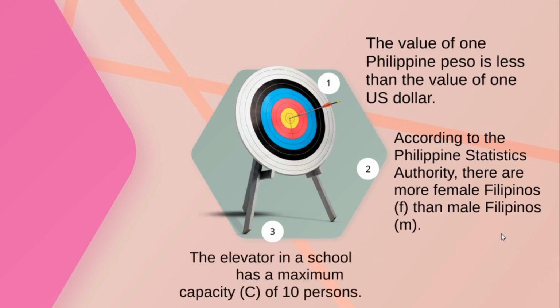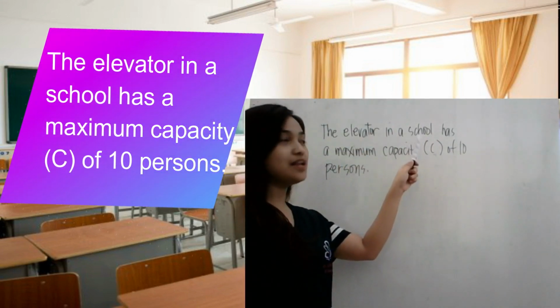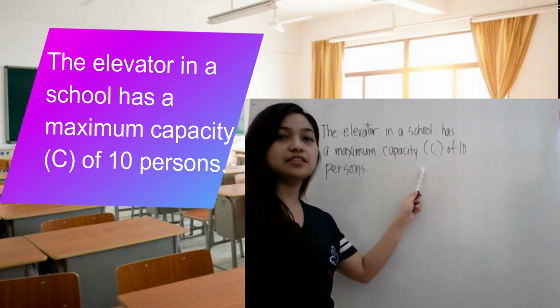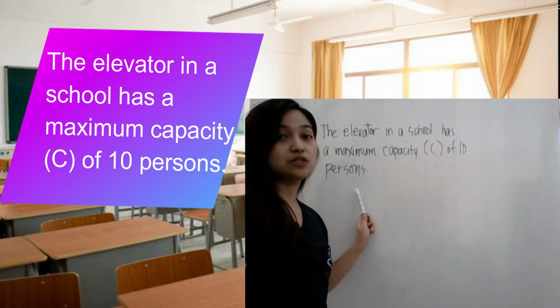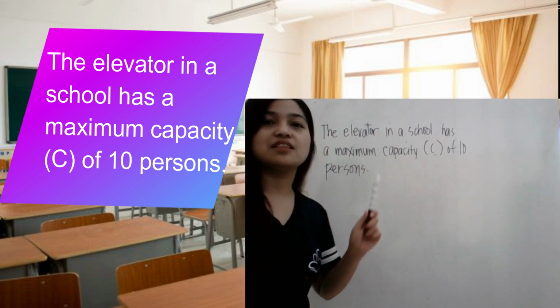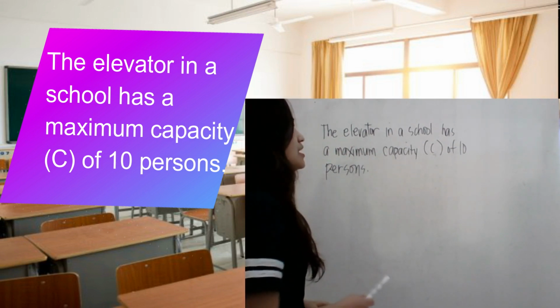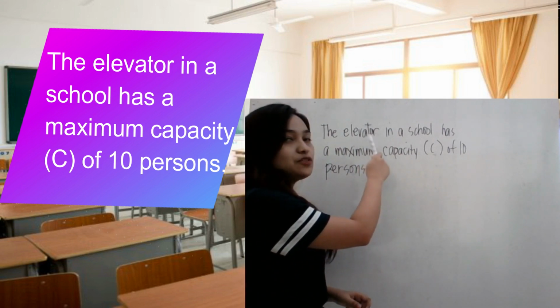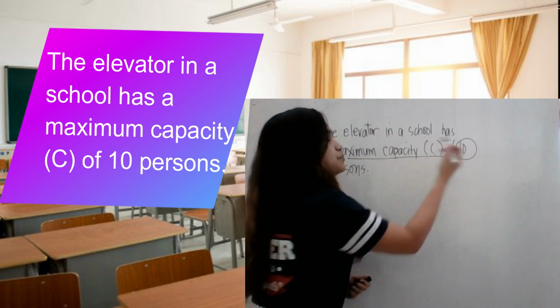Next example. The elevator in a school has a maximum capacity represented by variable C of 10 persons. Okay, let's try to imagine that we have an elevator in our school, and it says that the elevator has a maximum capacity of 10 persons only.